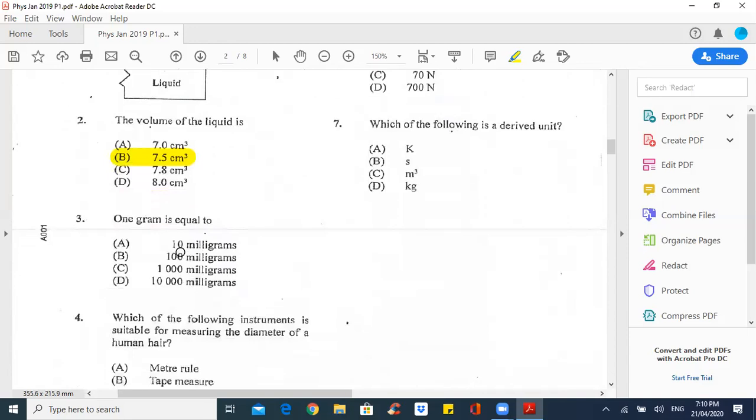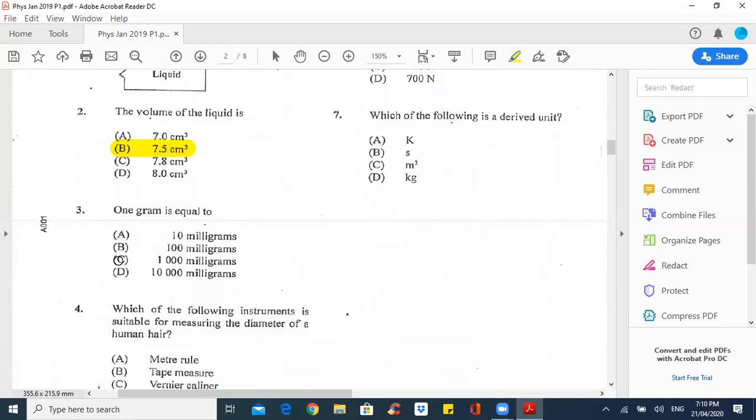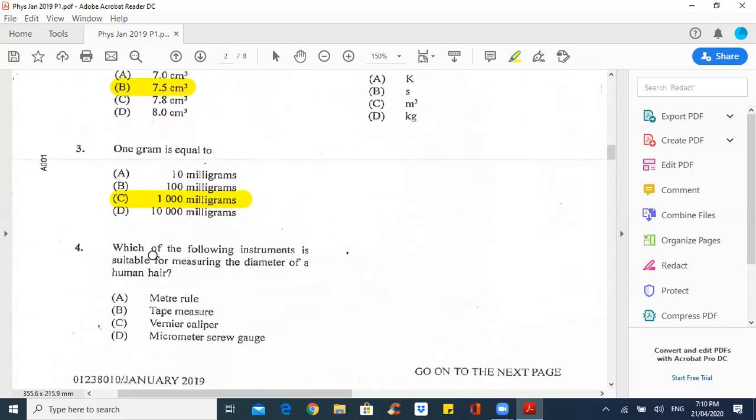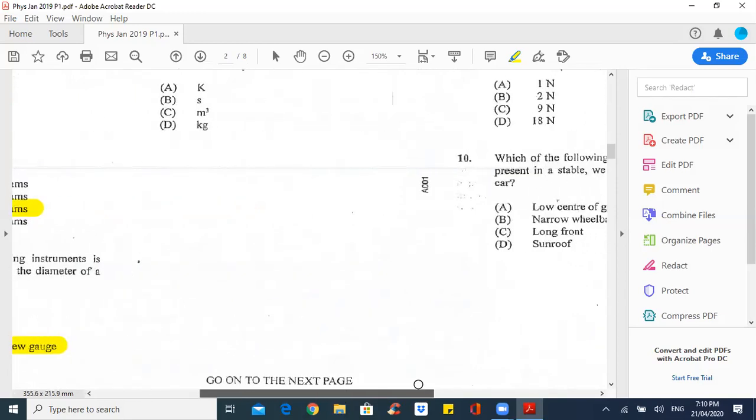Number 3, 1 gram is equal to 1,000 milligram. Then 1,000 milligram is 1 gram. They said which of the following instruments is suitable for measuring the diameter of a human hair? D, micrometer screw gauge.